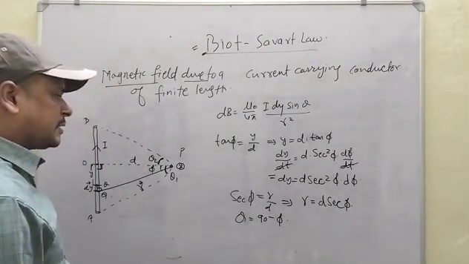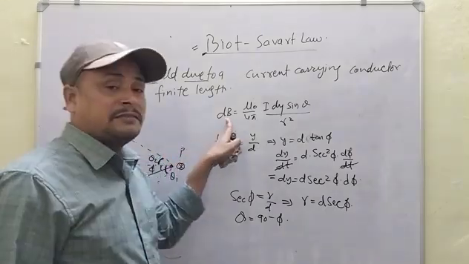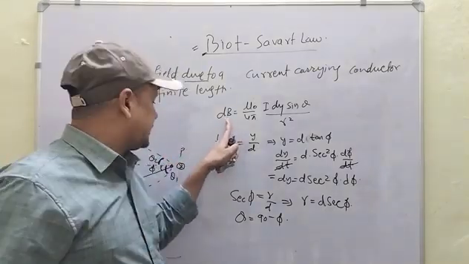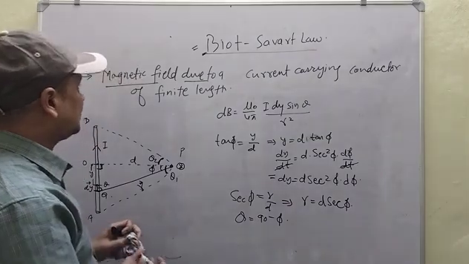Here we will find the small magnetic field. If we want the total magnetic field, we will integrate finally. So look here.